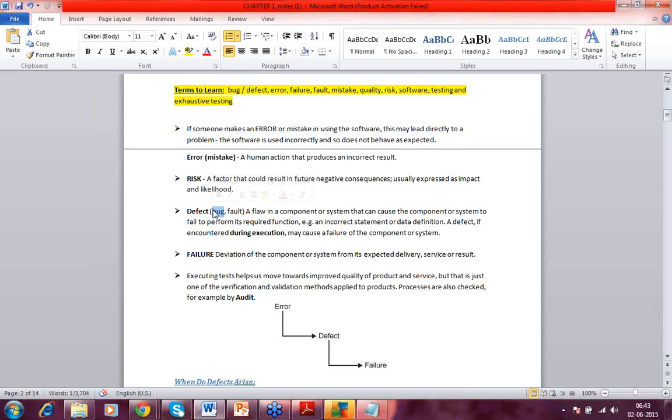For example, when I click on a certain report, it is expected to generate the information in a certain way, and that is not the case. The report is incorrect because the application behavior is not working fine. I'm looking for weekly data, but the report is giving me daily or monthly data. That you can call a defect. A deviation from the expected behavior is called a defect, and typically any programming error we call a bug.